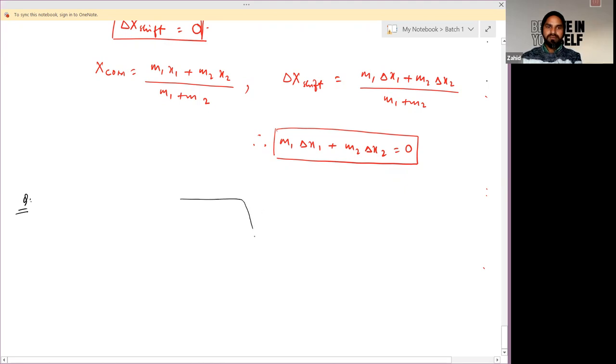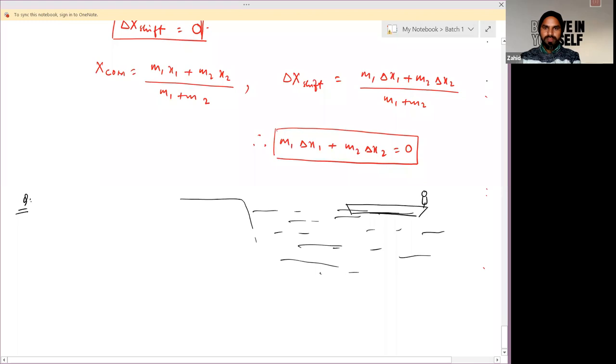This is the bank of a river. A boat, and there is an individual on it having mass 60 kg, and the mass of the boat is 40 kg. The position of the boat from this end is 10 meter and the length of the boat is 4 meter.